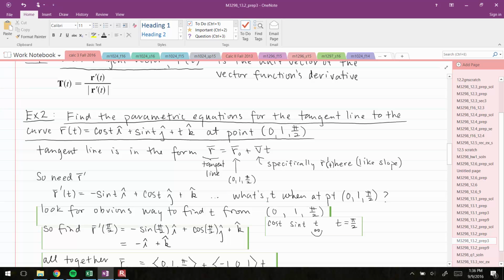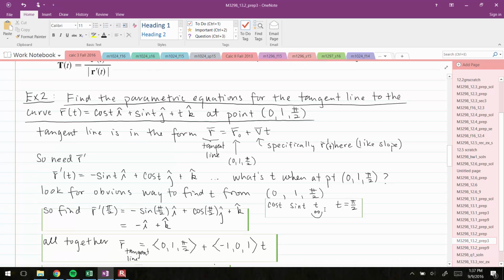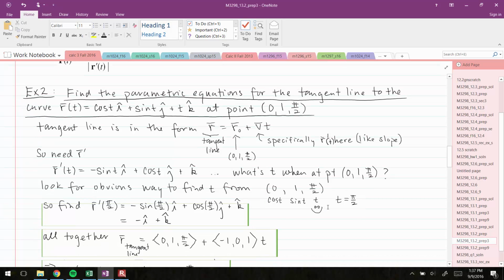And now just like when we took derivatives in Calc 1, we need to determine what we plug in here, because it says at this specific point. Usually we would plug in the x value, but here we have it in terms of t. It's a bit of a stumbling block, but if you relate each of the components with their point, it's often obvious what t has to be.